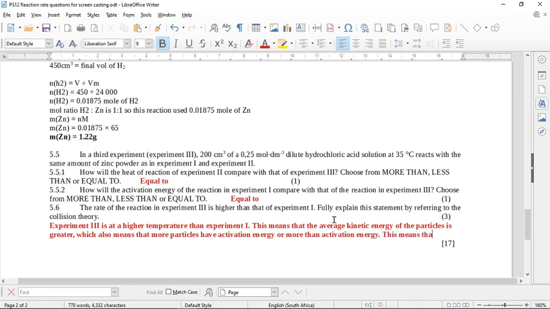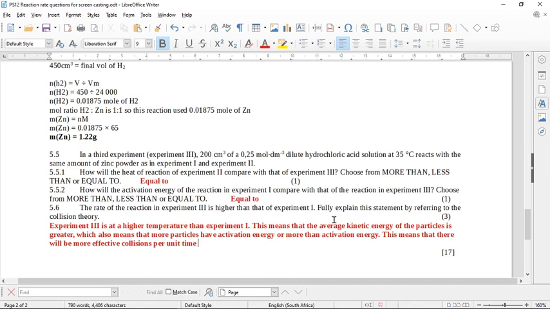This means that there will be more successful collisions, sorry, not successful, effective, forgetting my science word. There will be more effective collisions per unit time. Make sure you put the per unit time.